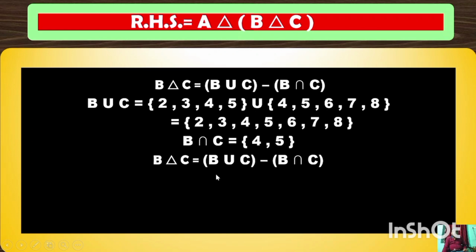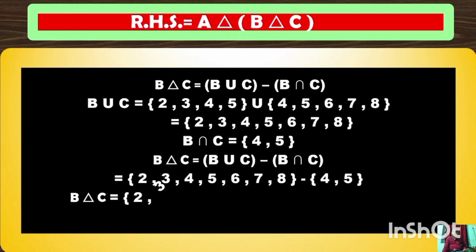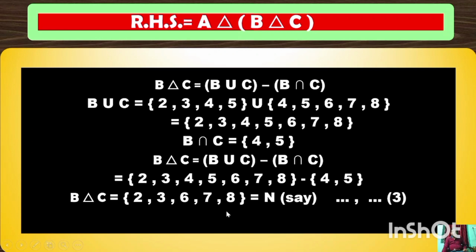So B delta C is B union C minus B intersection C, and we shall get the elements 2, 3. Let this set we are getting be N. Then you have to find A delta (B delta C), or A delta N, because B delta C is N already.